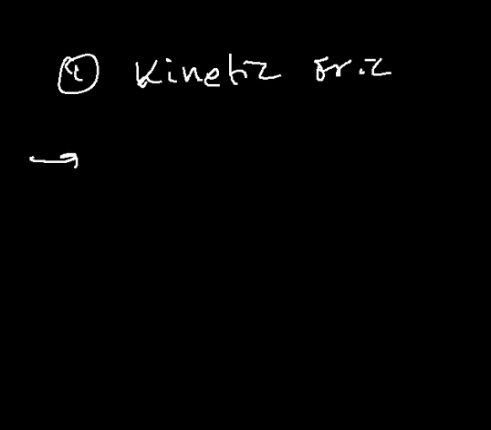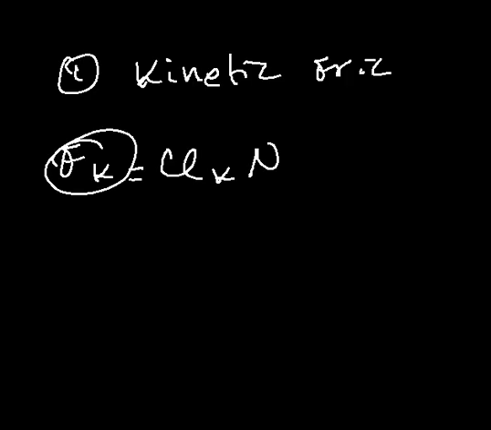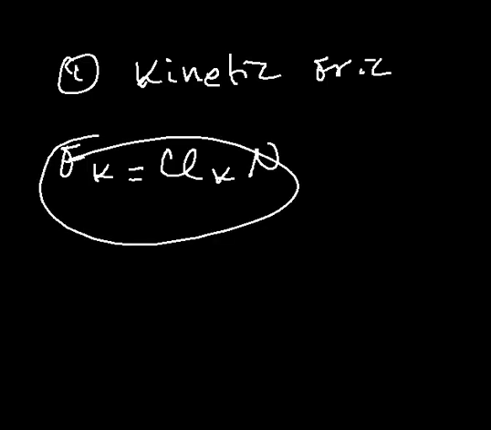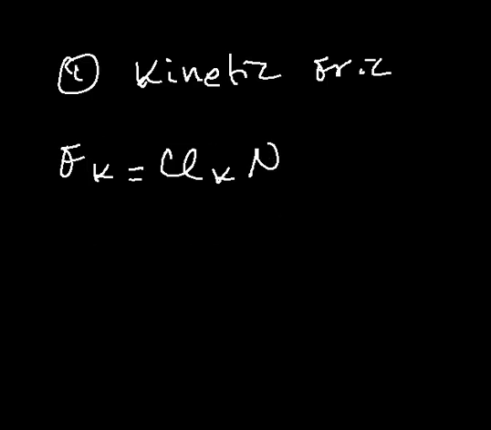And basically it is given as Fk equal to mu k times the normal force, where Fk is the kinetic friction force, mu k is the coefficient of kinetic friction, and N is the normal force. So that is the formula for the kinetic friction force. It is the friction force associated with a moving object.